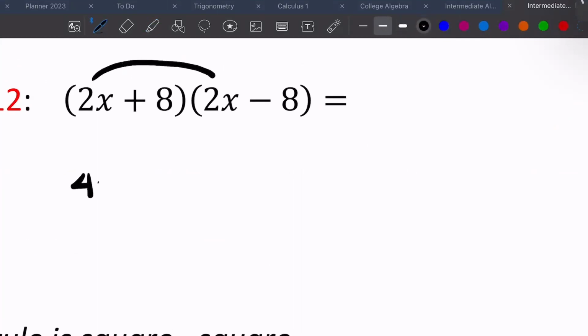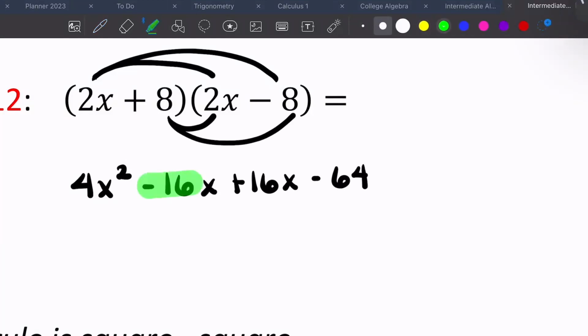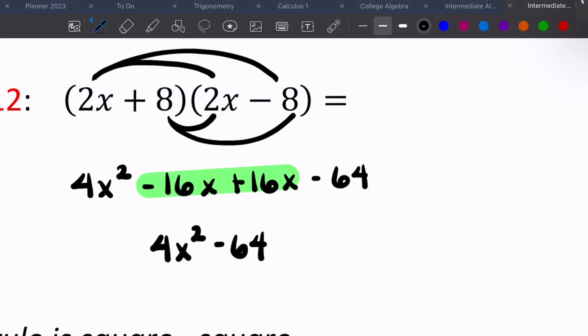First, outside, inside, last, right? In the middle, we have 0. And we're just left with that.